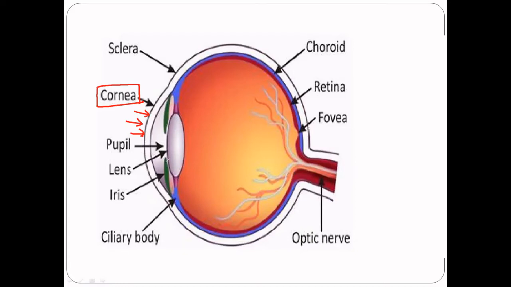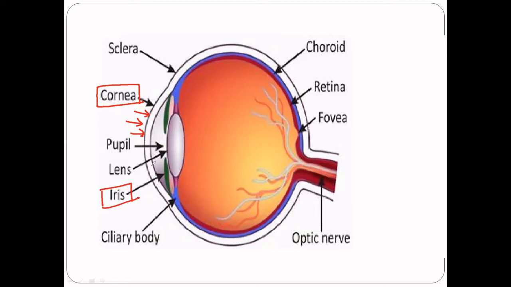Now the colored part which I explained earlier appears like this in the eye. This is the iris. The iris is the colored part of our eye.